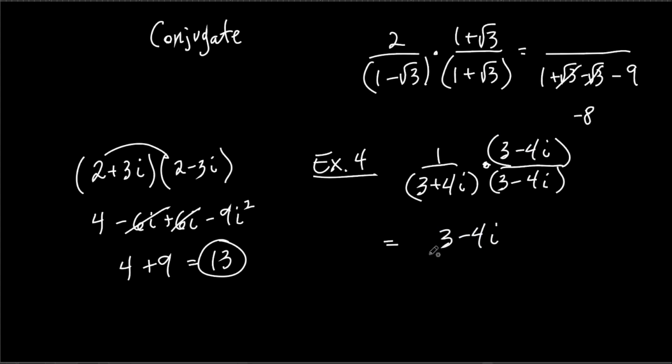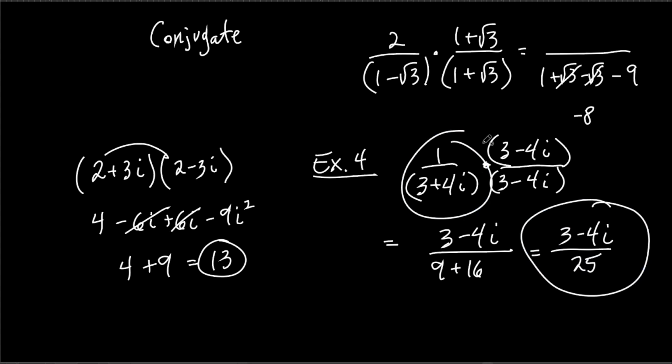It's just going to be 3 minus 4i. What's the bottom? Do the FOIL. That's 9. The outside and inside add up to 0, and then I get minus 16i squared. But what's i squared going to do? That's going to be a negative 1, which makes this a plus. So here's your answer: 3 minus 4i over 25, and that's how you would simplify that.